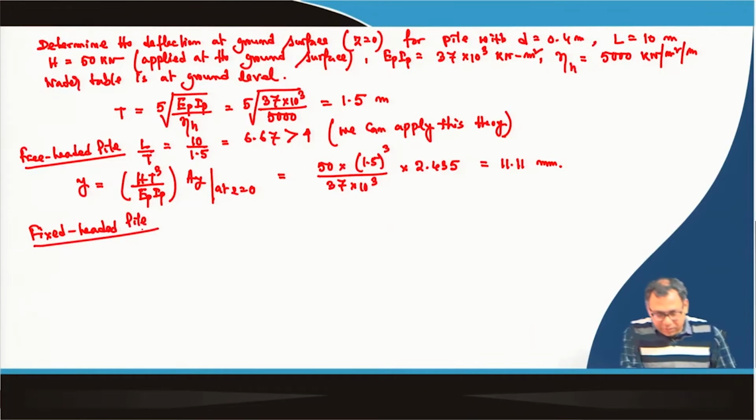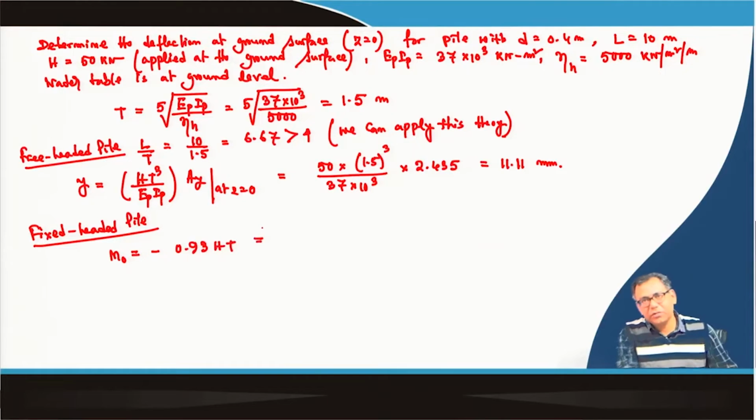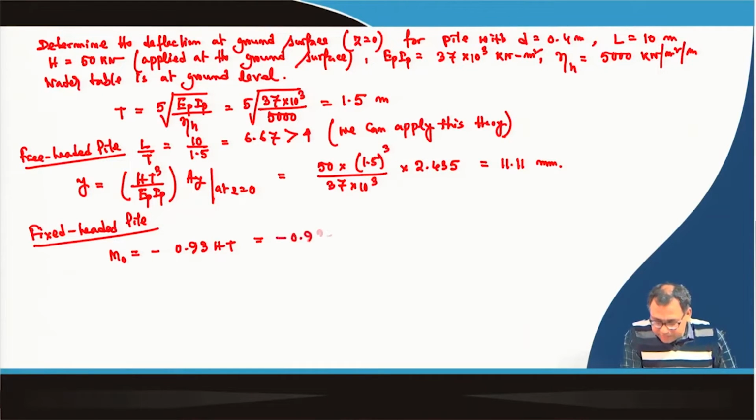we have to determine what would be the moment developed due to the fixity, that is 0.93 H T, okay, similar to the previous concept. So, this is 0.93 into H is 50 into 1.5.